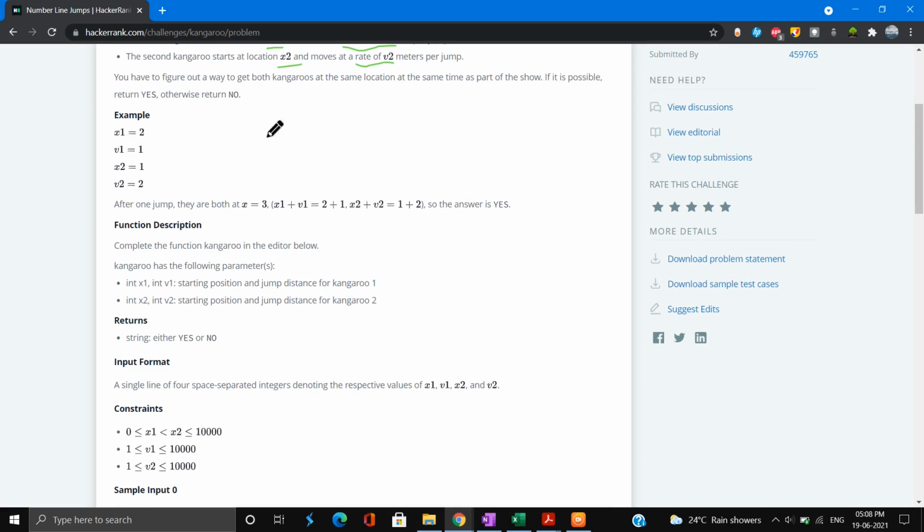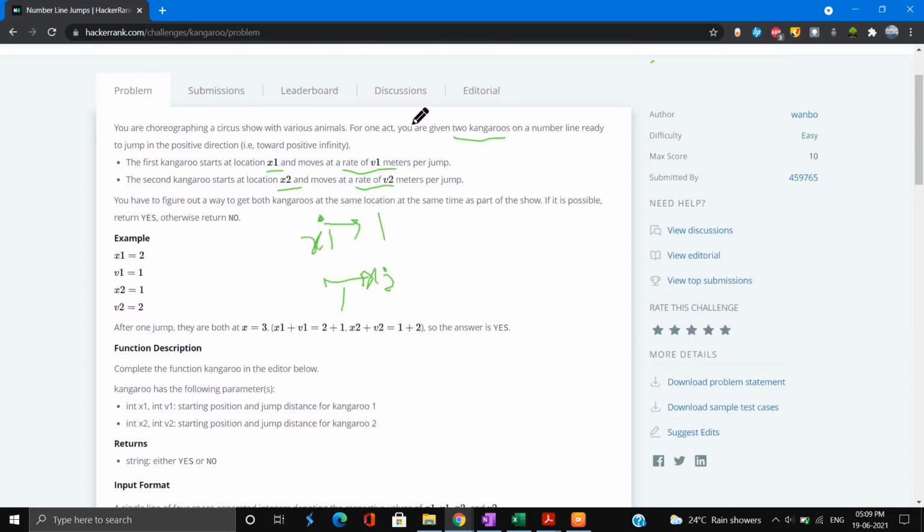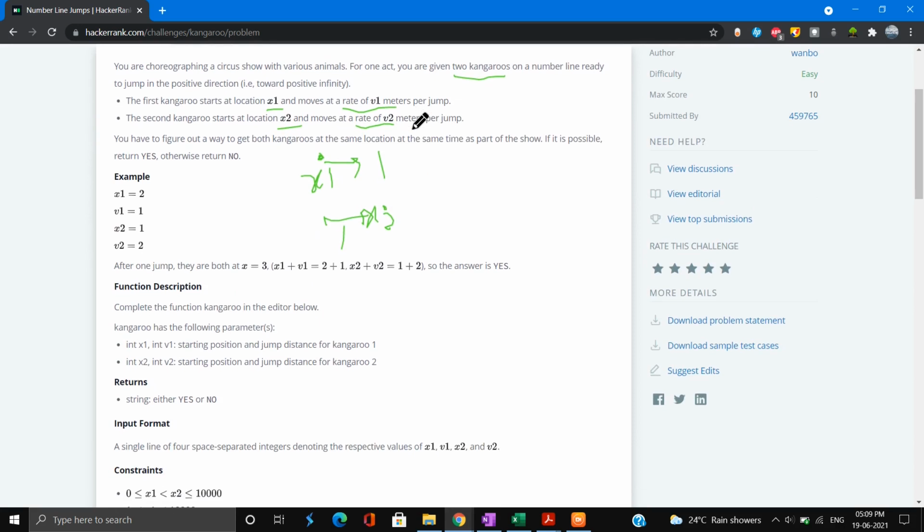In this they have given x1 as 2, so x1 is the initial location of the first kangaroo and x2 is the initial location of the second kangaroo. This distance between them is 1 unit. Pardon my drawing, but the first kangaroo moves at a speed of 1. We can assume any unit, say 1 meter per second, and the second one moves at 2.